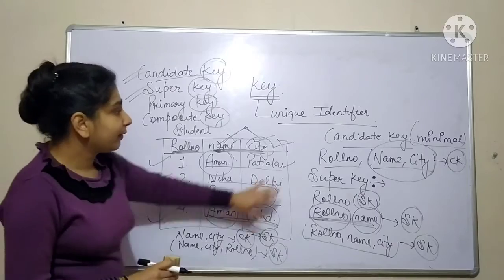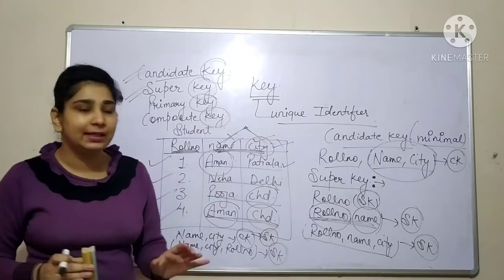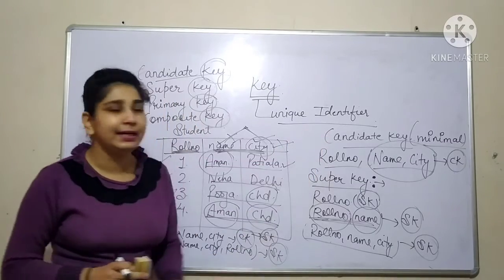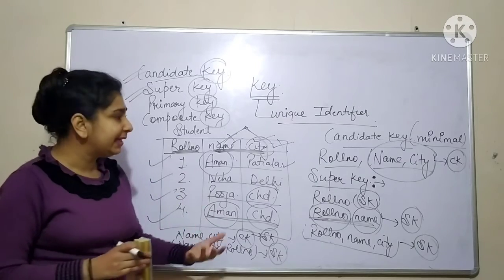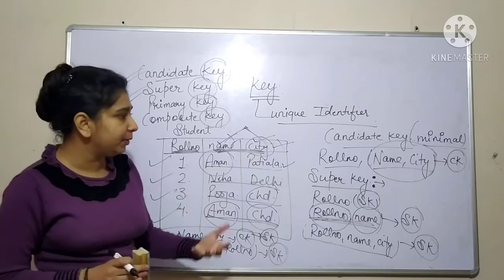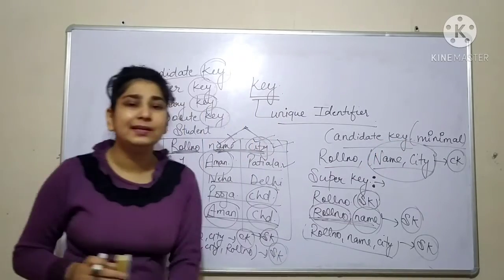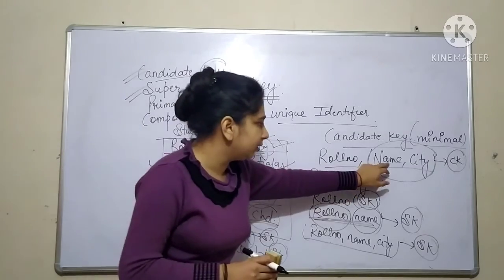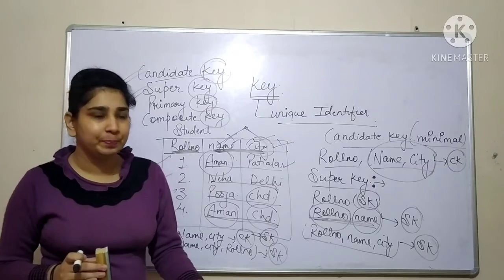Candidate key is the minimal possible key in your table. Minimal key means you cannot delete any attribute from your key. Like this name and city, it is a minimal possible key. If you delete any attribute out of these two attributes, it would not be a key.